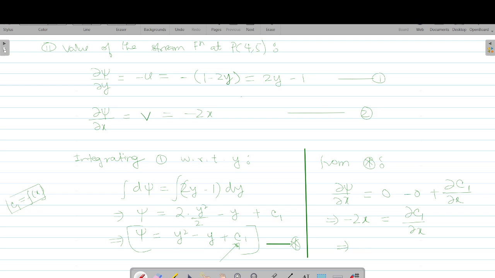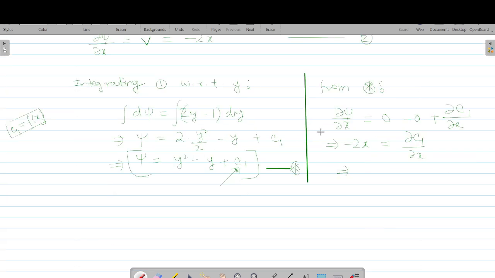How? Let's check. You can again change this partial derivative sign into the complete derivative sign, that will be a small d, right? So we can write it like this, dc1 will be equal to negative 2x dx, and if we integrate both sides, the integration of dc1 will simply give me c1, right?